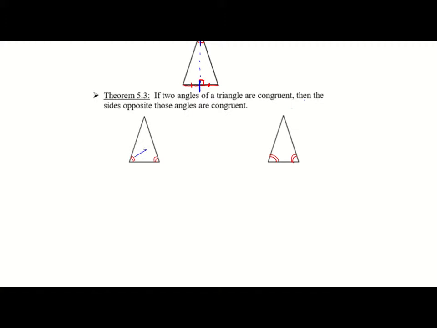So the side opposite to this angle is here, and this angle is here. So then if those two angles are congruent, then I know that my sides of both my triangles are also congruent.